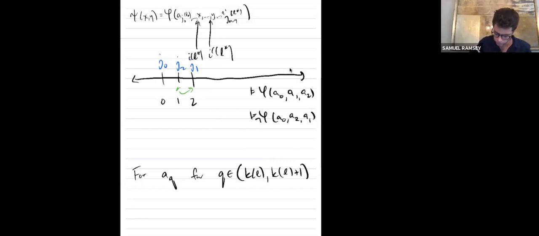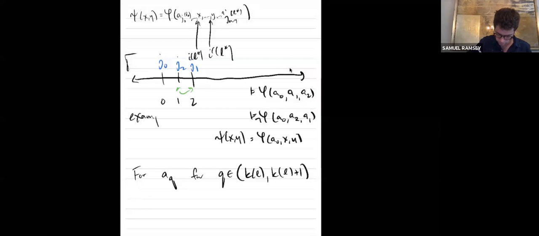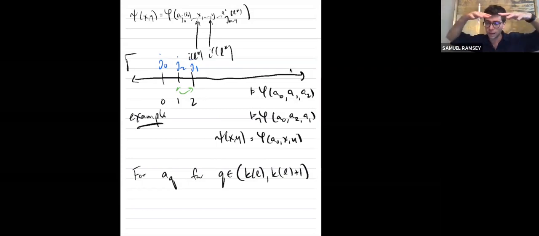And then what we're doing is we're defining psi xy to be the formula phi A0, xy. Something like this. So this is like an example of our setup. We just look at the place that we swap to switch the truth value, and then we sort of leave the other tuples around as parameters in our formula.